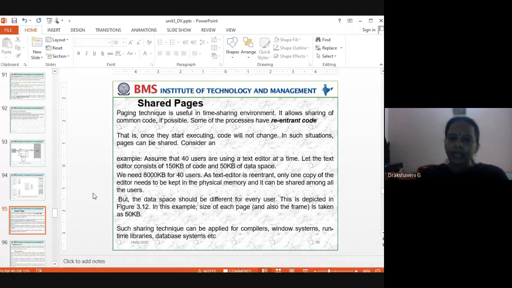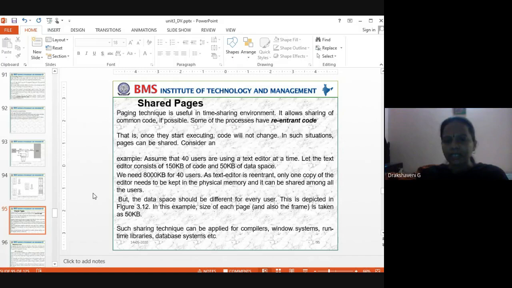Let the text editor consist of 150 KB of code and 50 KB of data space. What is the size of the memory we are using? We need 8000 KB for 40 users. Each one requires 150 KB of code and 50 KB for data space. So for 40 users, how much do we require? We require 8,000 KB for 40 users.